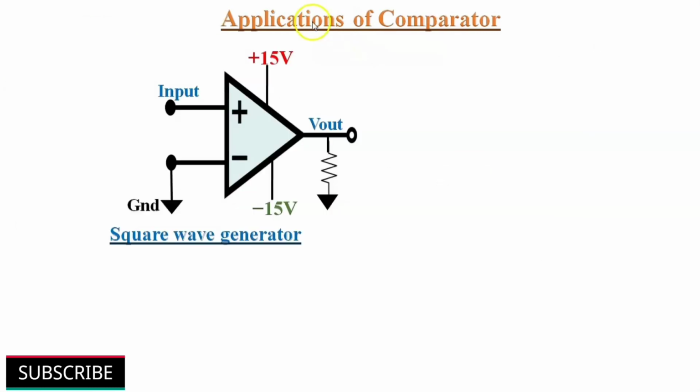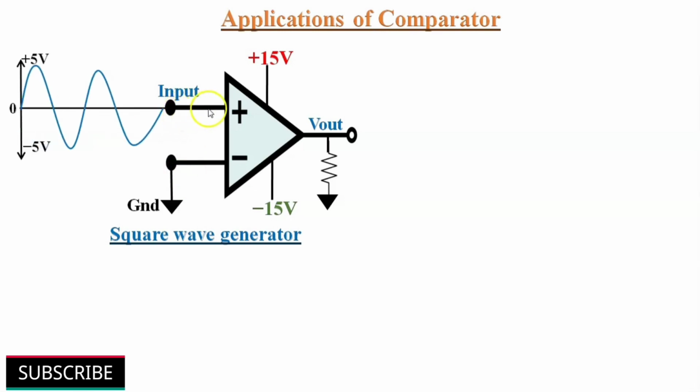Now let's discuss some applications of comparator. A comparator can be used to produce square wave output from a sine wave input. Here the inverting terminal is at ground potential and the sine wave input signal is applied to the non-inverting terminal.